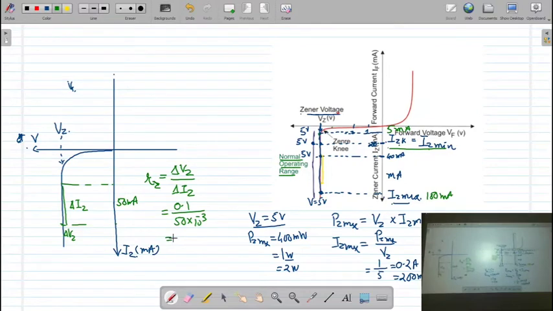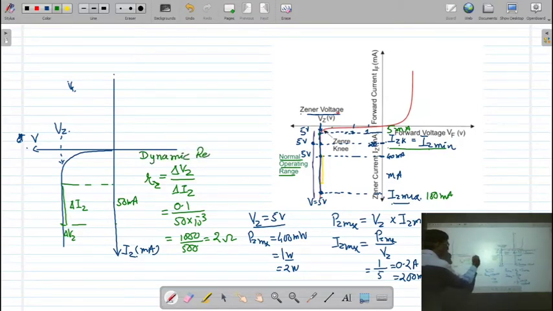If you calculate this resistance, it will be hardly a 2 ohm resistance. This is known as the dynamic resistance of a Zener diode.